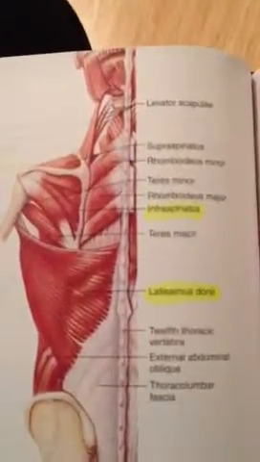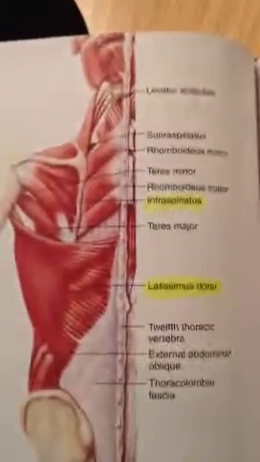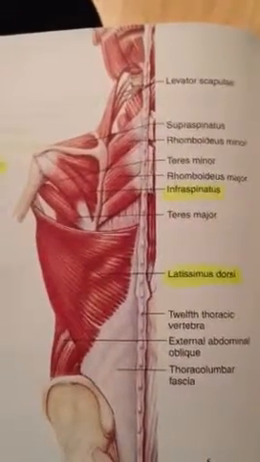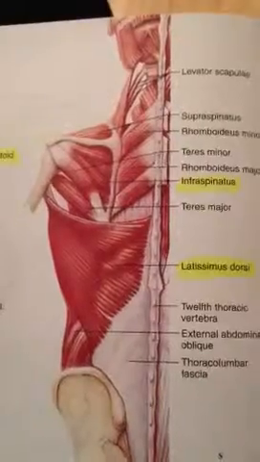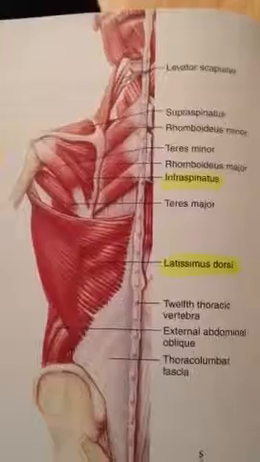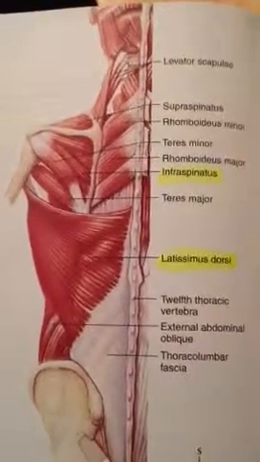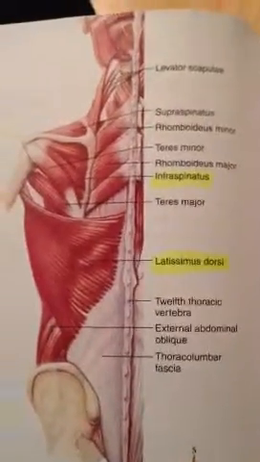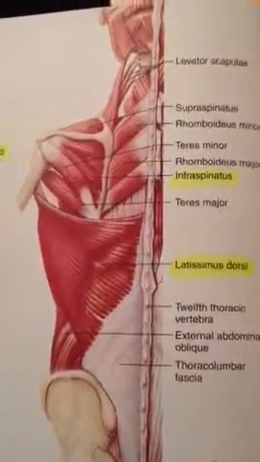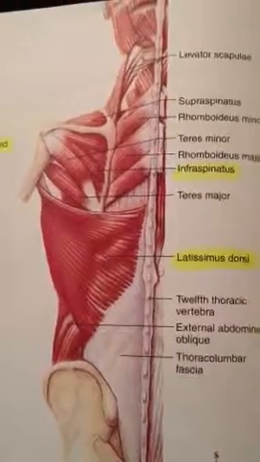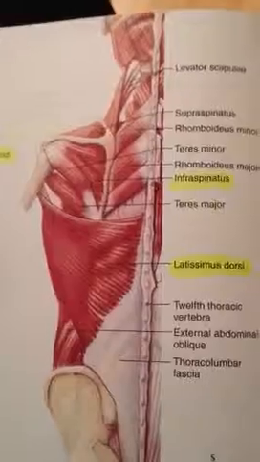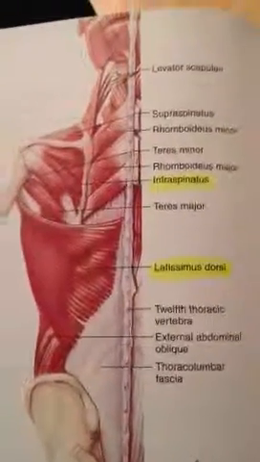Latissimus dorsi. Origin is at vertebrae, ilium crest, and lumbodorsal fascia, which I don't know where that is.